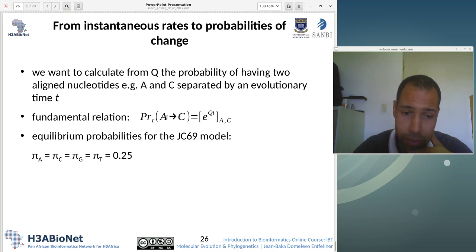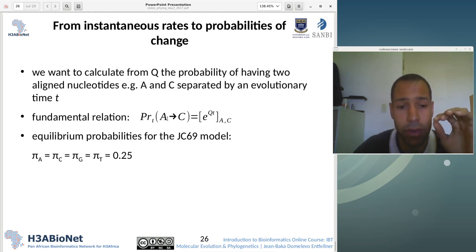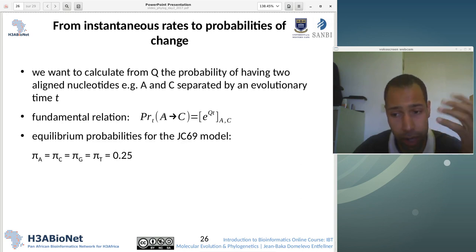That's a very different thing. We're not talking about individual mutations. We're talking about the fate, after an arbitrary amount of time t, of a nucleotide that was initially A, okay? It may have undergone several mutations.